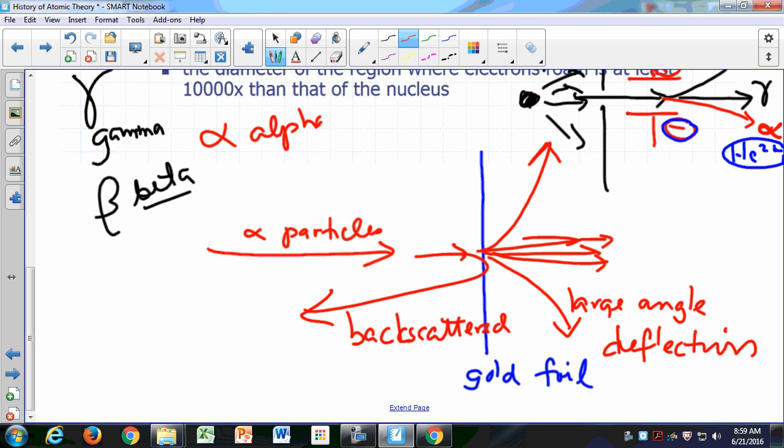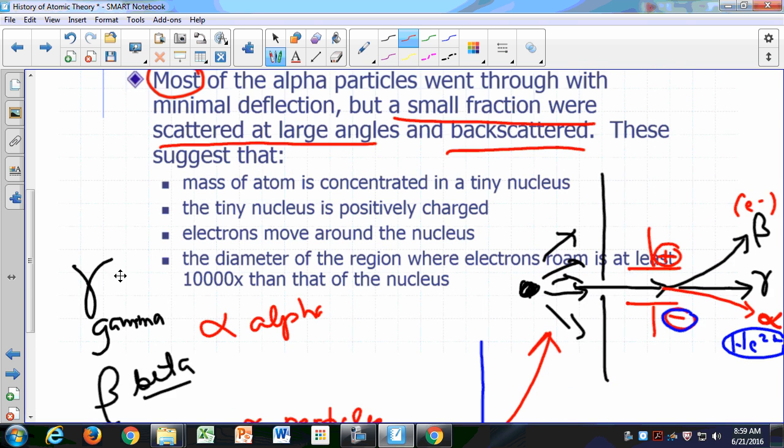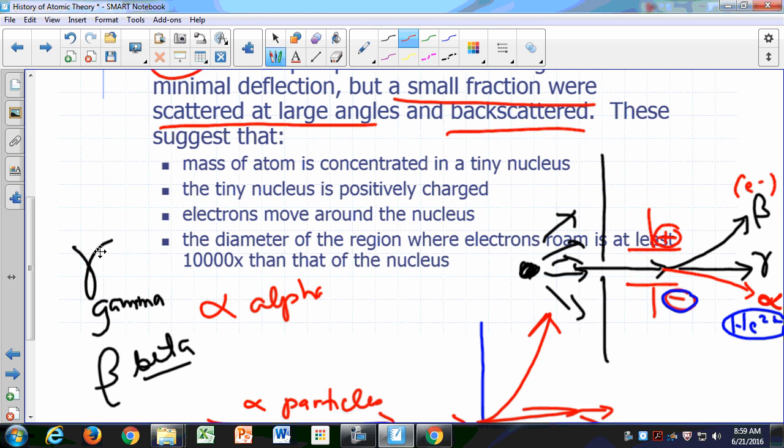Rutherford described this observation as though he fired a shell at a piece of tissue paper and it bounced right back at you. So the conclusion from these experiments was that the mass of the atom is concentrated in a tiny nucleus, and that tiny nucleus is positively charged to account for the large angle deflection and the backscattering.